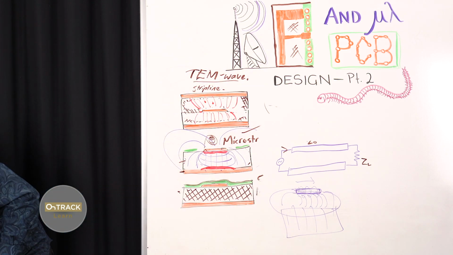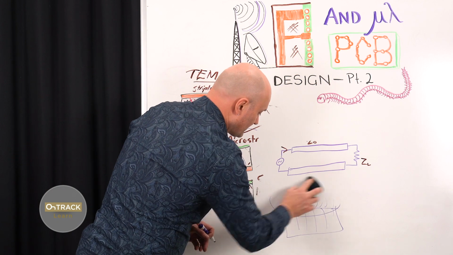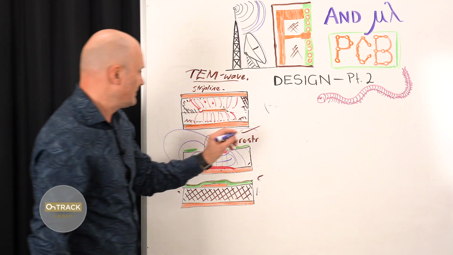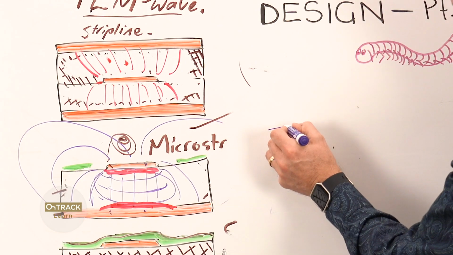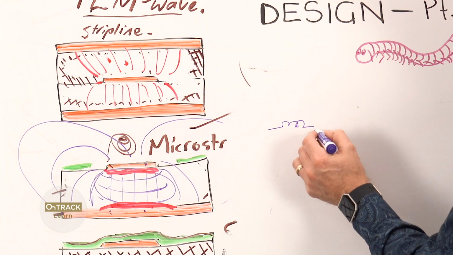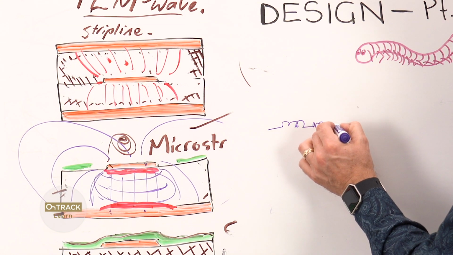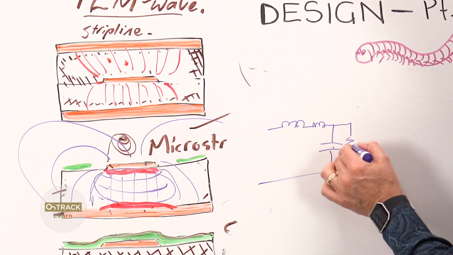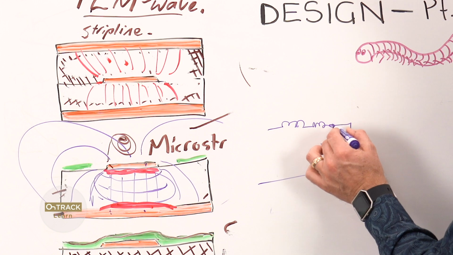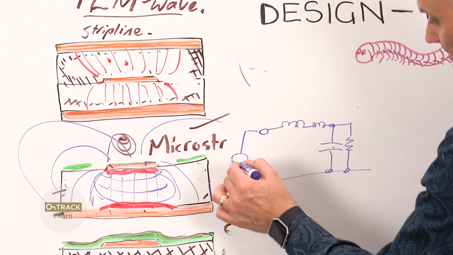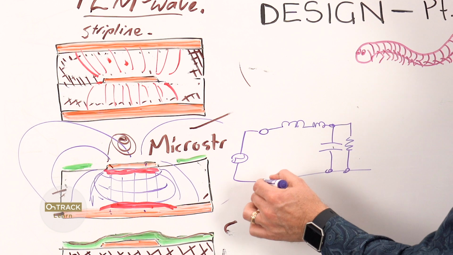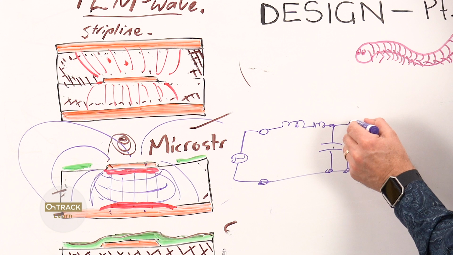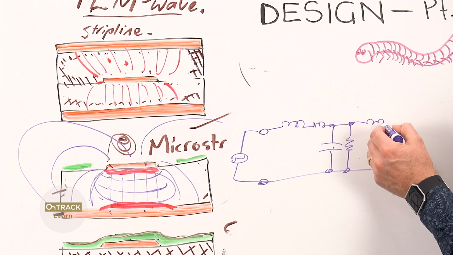So we can characterize or look at a transmission line as a series of infinitesimally small inductors, resistors, and capacitance to the reference plane, and there's going to be some conductance there as well, because that represents losses and other things in these materials, which we've discussed a little bit already.